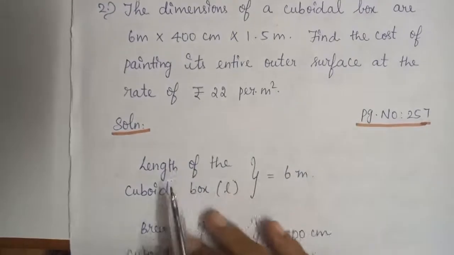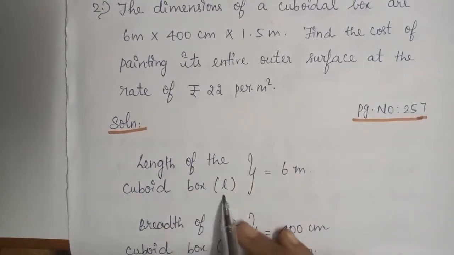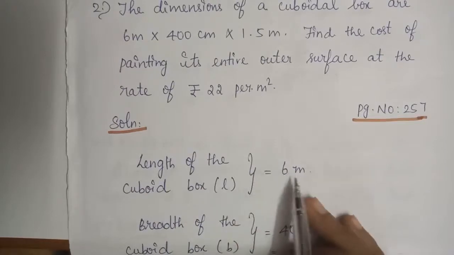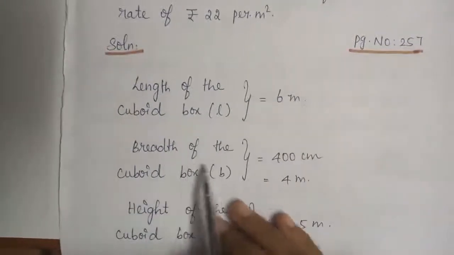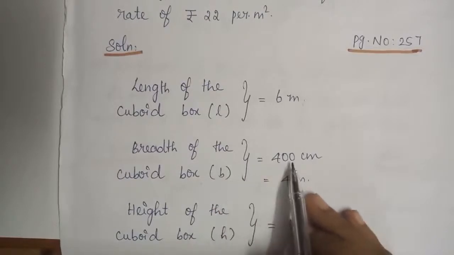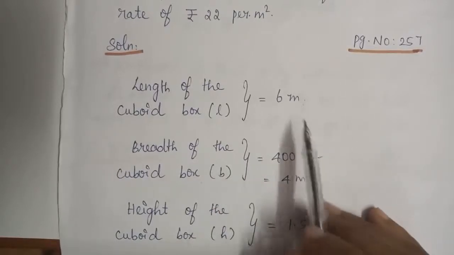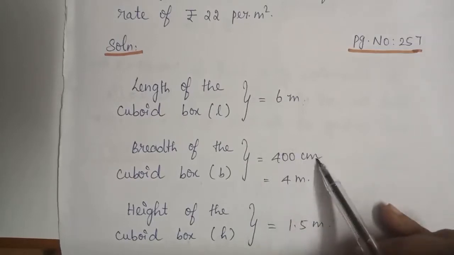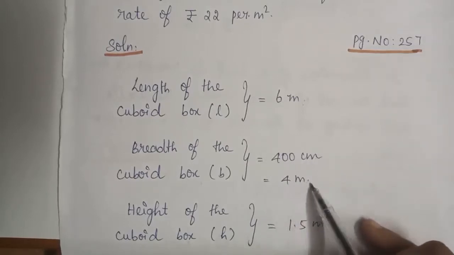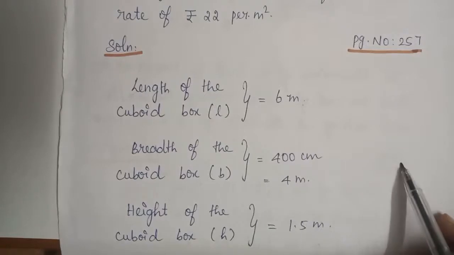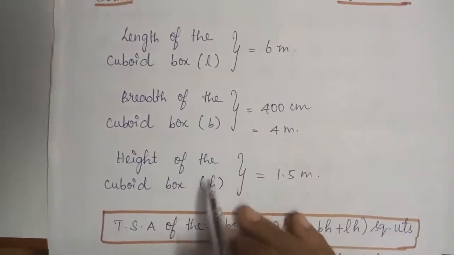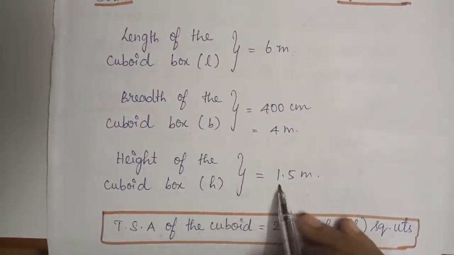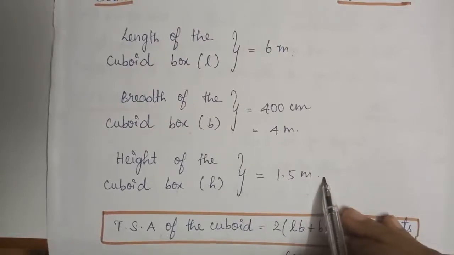Solution: the length of the cuboidal box, L, is equal to 6 meter, and the breadth of the cuboidal box, B, is equal to 400 centimeter. You should convert all in terms of meter. So 400 centimeter is nothing but 4 meter, since 1 meter is equal to 100 centimeter. Then height of the cuboidal box, H, is equal to 1.5 meter.